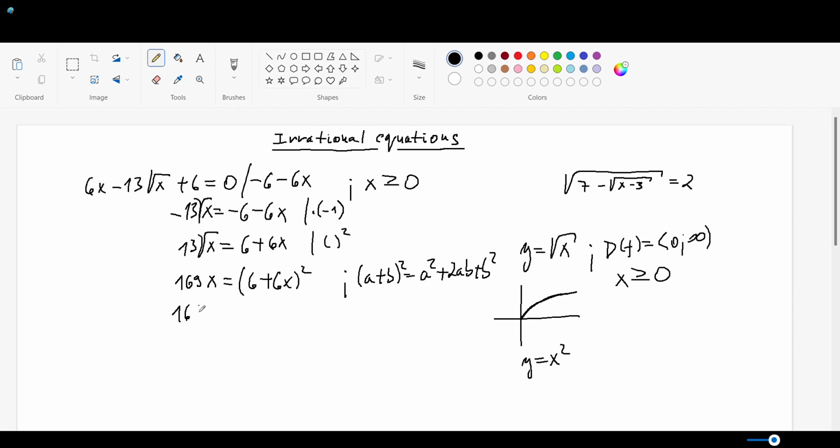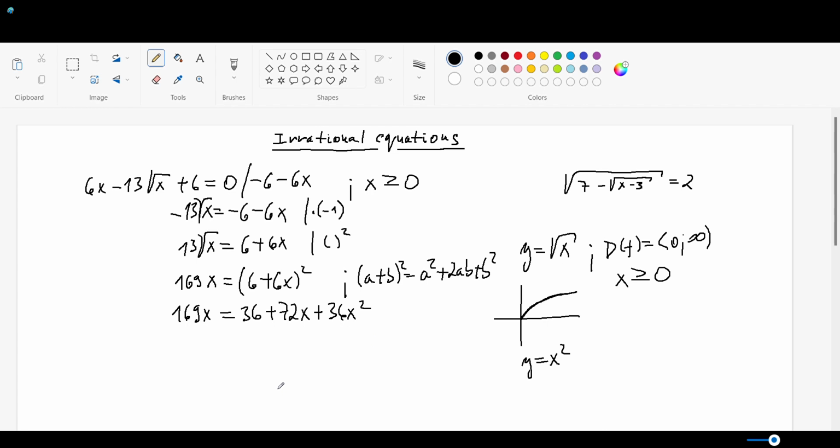So it's going to be 169x is equal to 36 plus 2 times a, in this case 6, times b, in this case 6x. So it means 2 times 6 is 12, times 6 is 72x plus 36x squared.